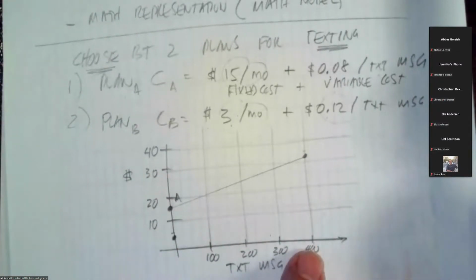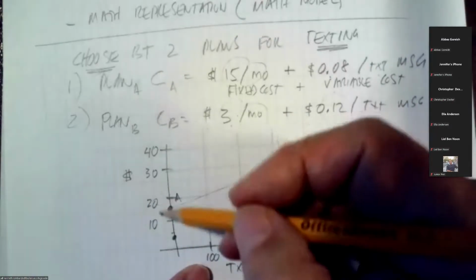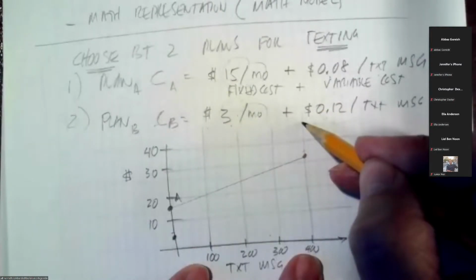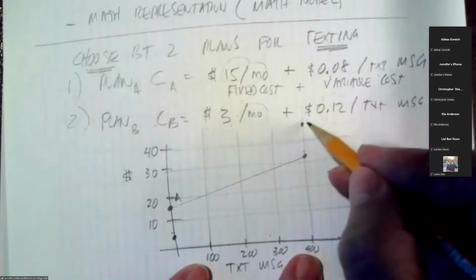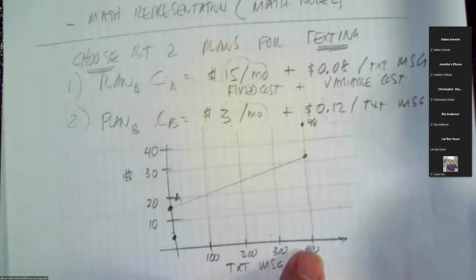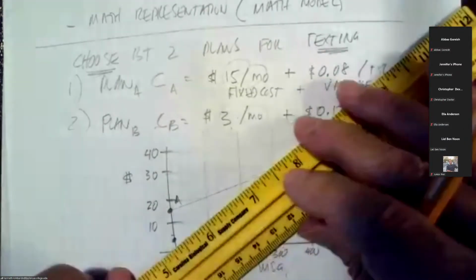So at 400 times 0.12 is 48. So here's 50, so let's say 48's here.